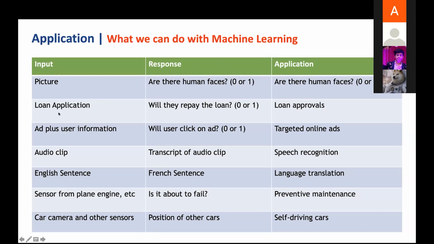Let's talk about loan applications. Say you want to predict whether the person will repay the loan or not. Before giving the loan to anyone, the bank always assesses with a few algorithms. They will ask you about your salary, your property, your age, and how much experience you have.